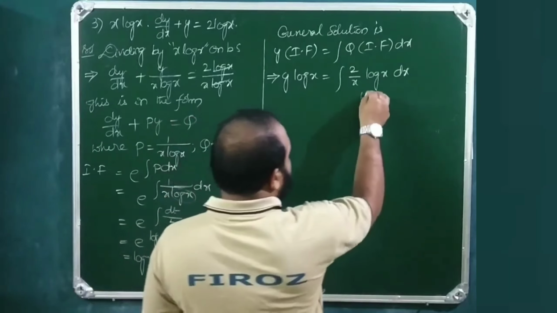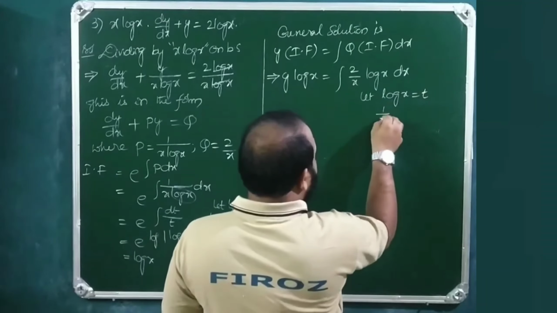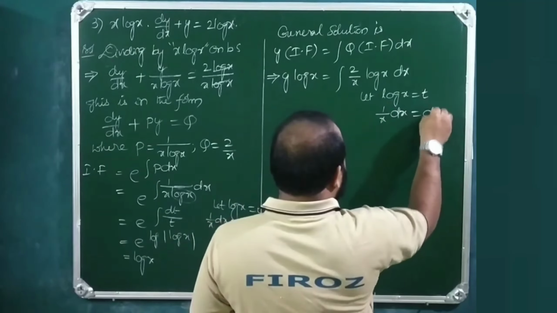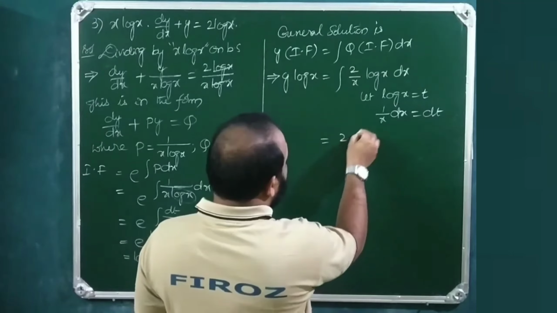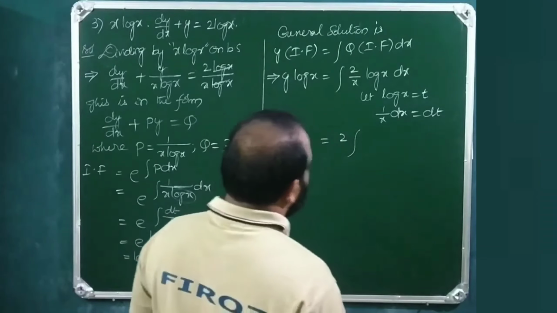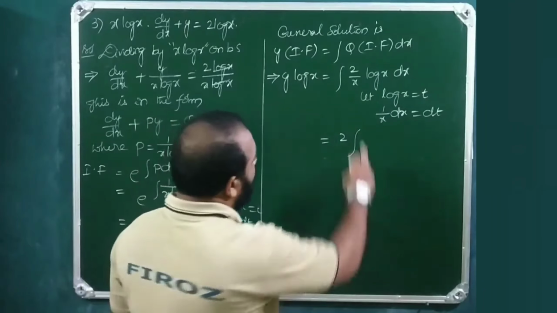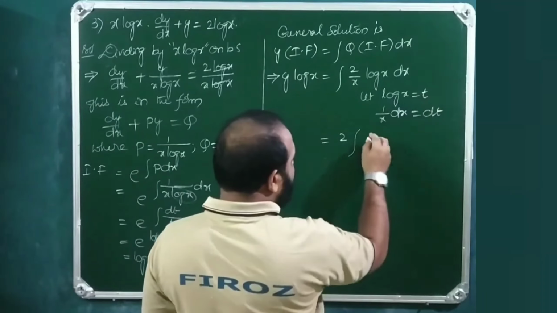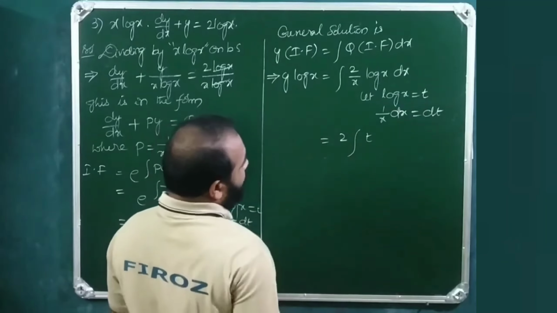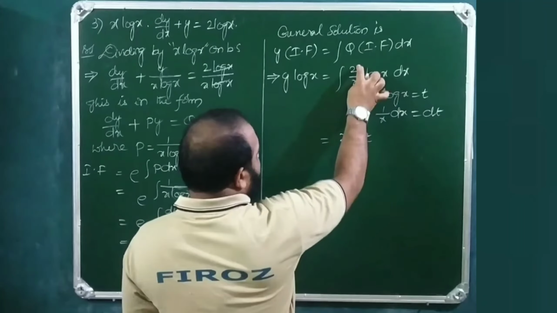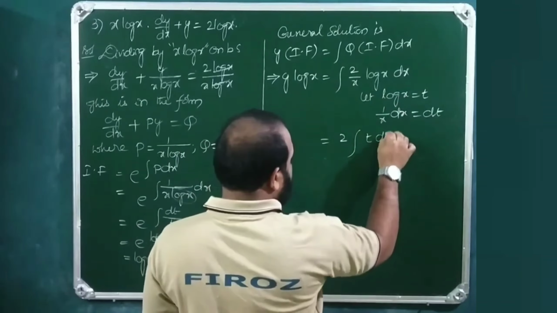Let log x equal t, then 1 by x dx equals dt. I am separating the 2 from the process of integration. Log x is supposed to be t, therefore in place of log x I have written t, and we are left with 1 by x dx, which is dt.